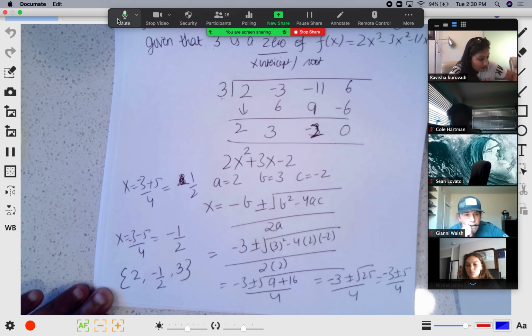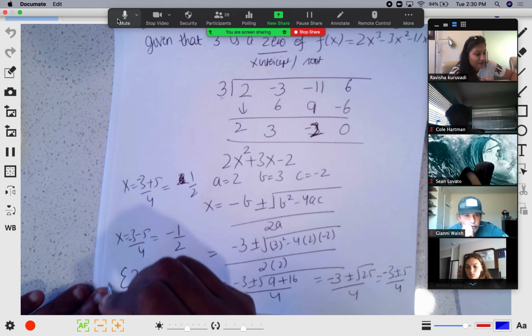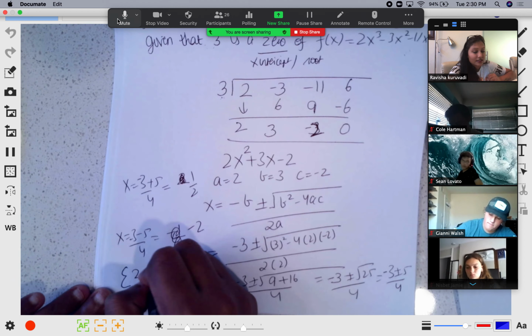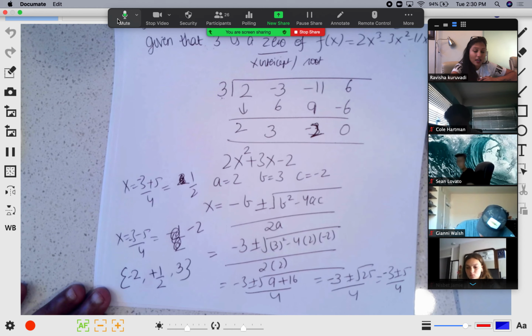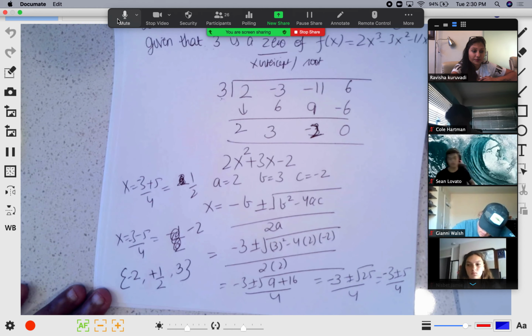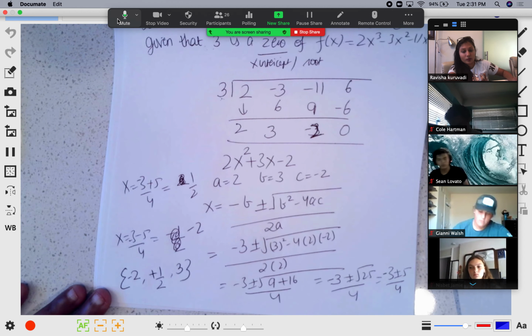And then this is -8 over 4, which is -2. Thanks for correcting that. So you get -2, 1/2, and then 3. That's your answer. I forgot to take the negative sign, guys, so make sure you correct this.